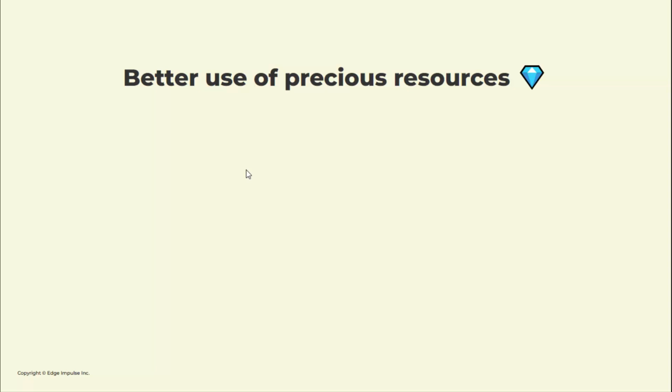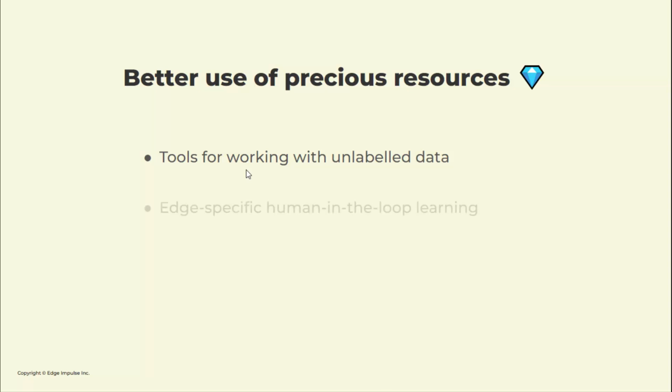And the third part is making better use of our precious resources. Like I said, that's tools for working with unlabeled data, making sure that we can make the most of every scrap of data that we've got. And then building edge-specific tools for human-in-the-loop learning. What if we've got data that's in a tricky modality for a human to understand, like time series from arbitrary sensors, but we want to involve a human in the loop to label strategic samples so that we can expand our data set?